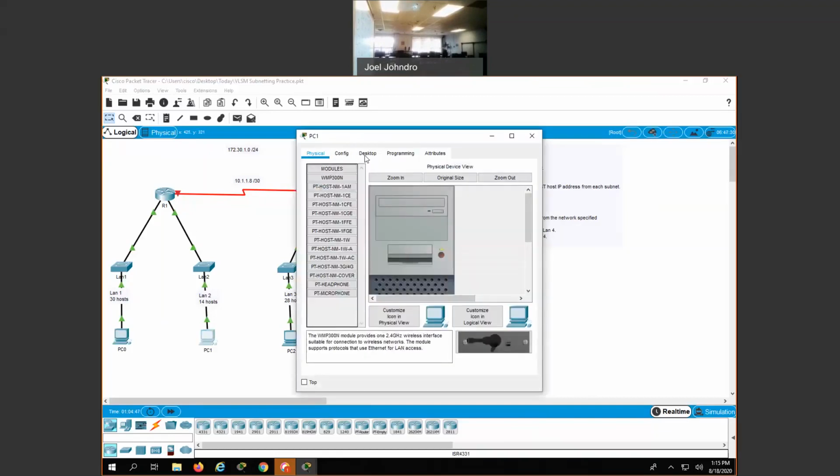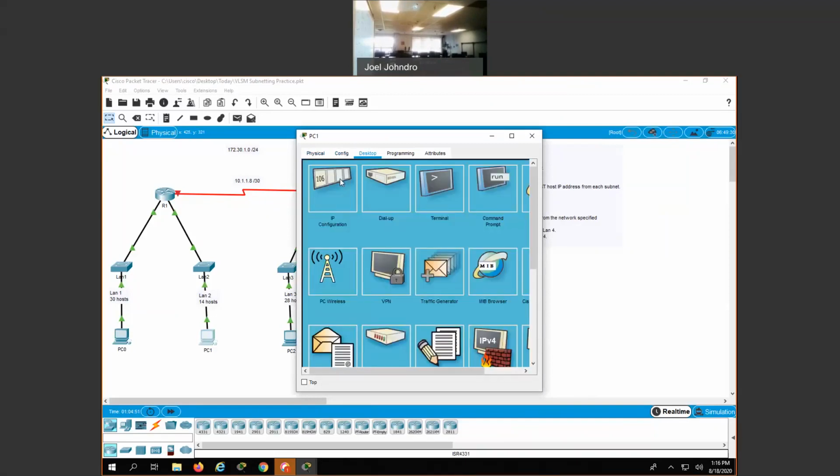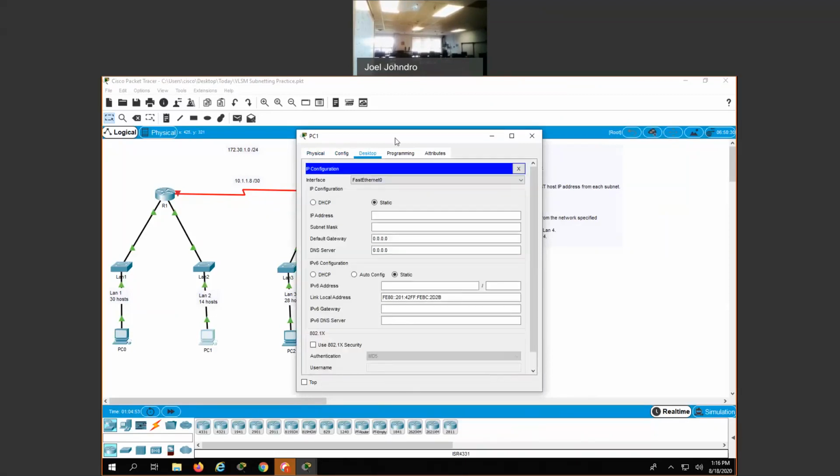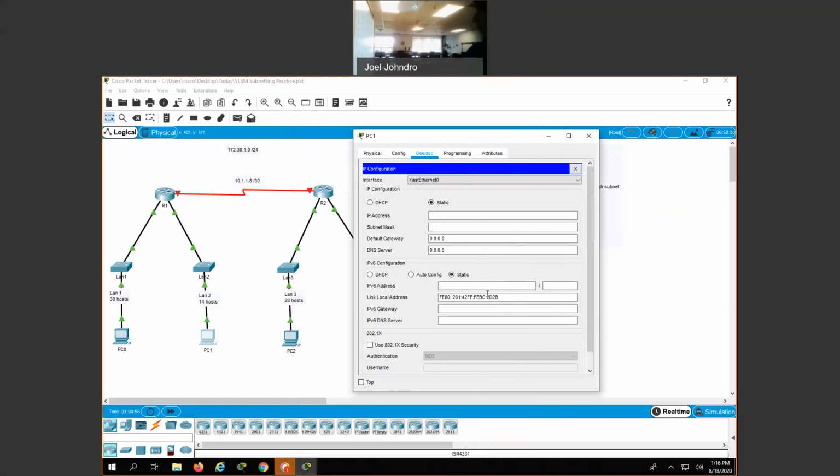And we'll do the same for PC1, which is on LAN 2. LAN 2, its range is 65 to 78. But we've already used 65 and 78, so 66 will be the next one. Subnet mask is still .240.